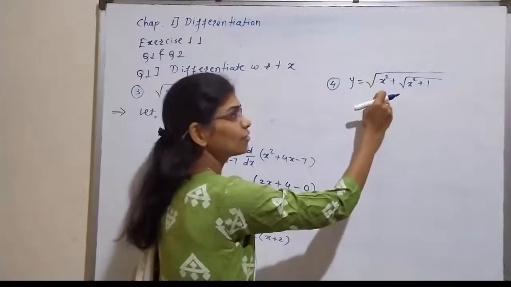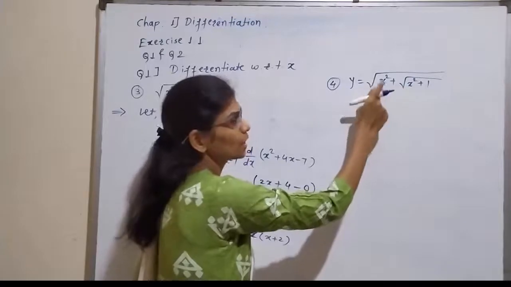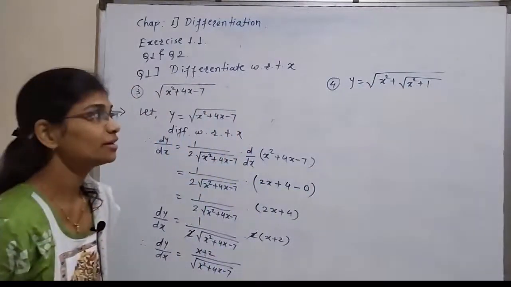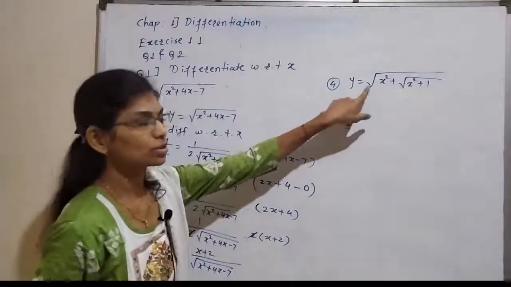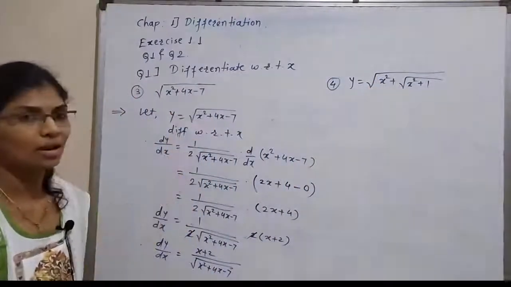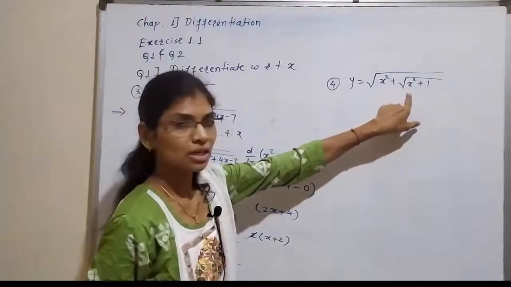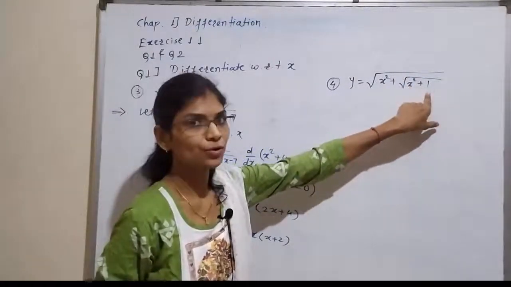Again, in that function one more square root is also present. That is why here we have to take the derivative for the first root, then the whole function.